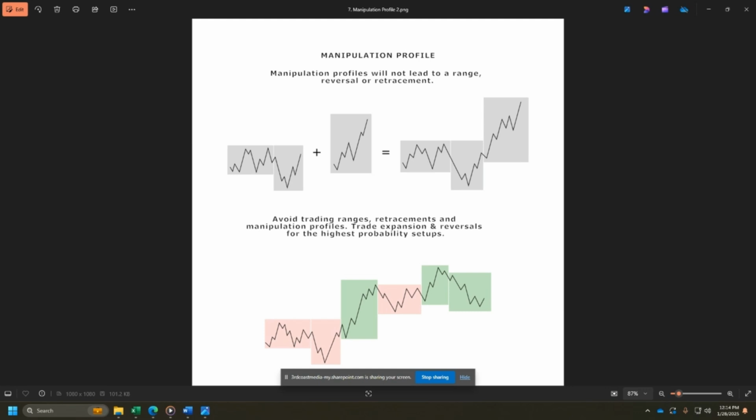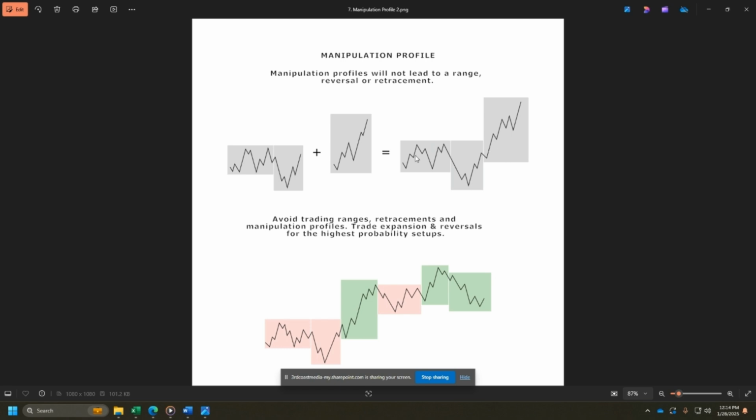Another thing to note about the sequence of things when it comes to manipulation profiles is that manipulation profiles won't lead into a range. Looking at the sequence we have here, you can see we have a range, manipulation, then expansion. That's the whole profile. We won't have a range, manipulation, and then a range.